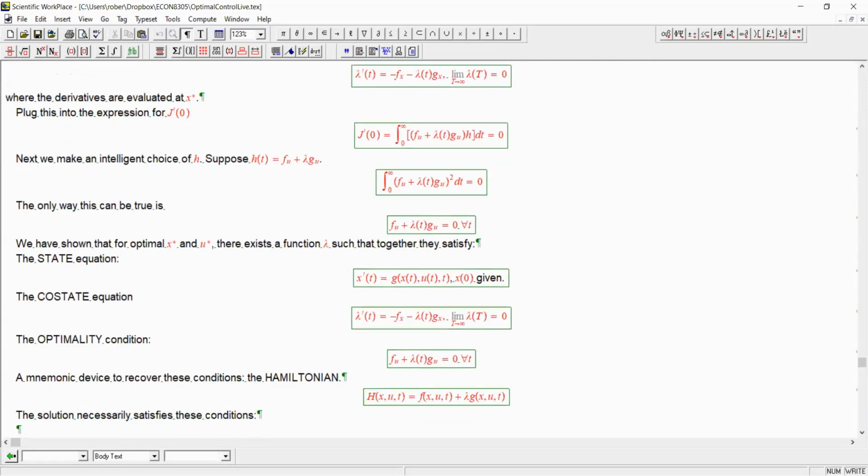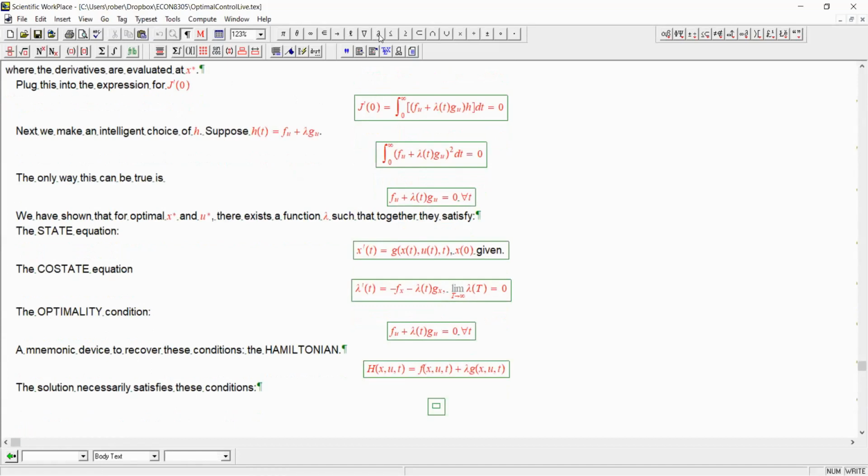First, we need the derivative of the Hamiltonian with respect to the control variable to equal 0. That's intuitive.